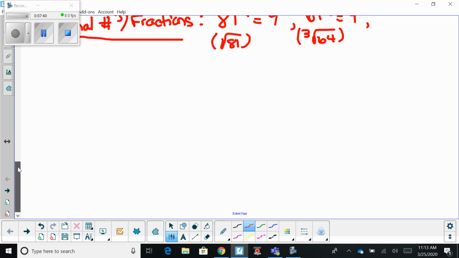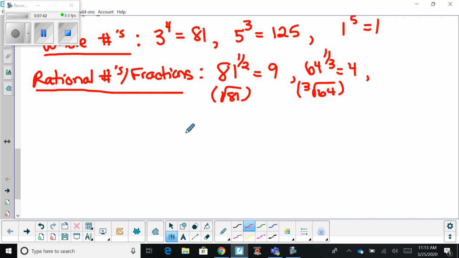Likewise, sometimes you might see something like 125 to the 2/3. Well, what does that mean? That really means the cube root of 125, squared, which the cube root of 125 is 5, and then 5 squared equals 25.